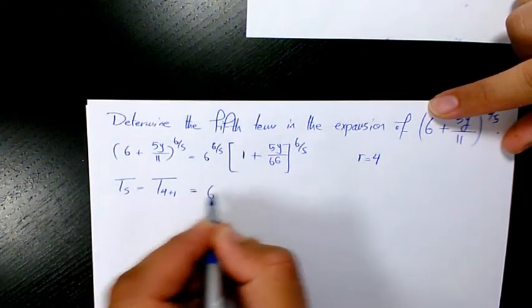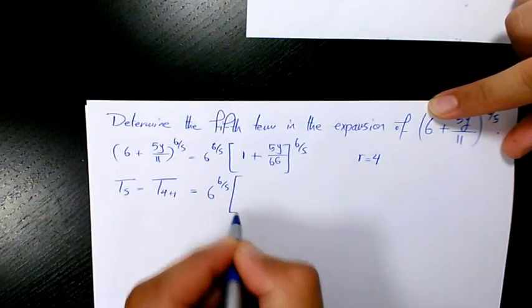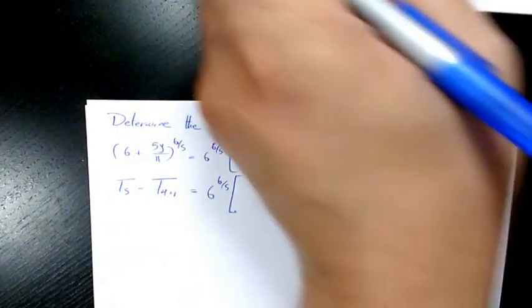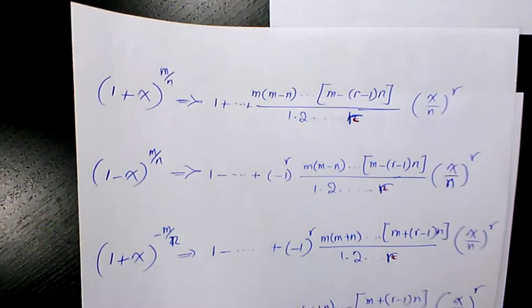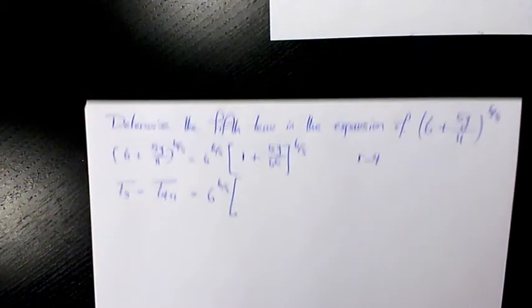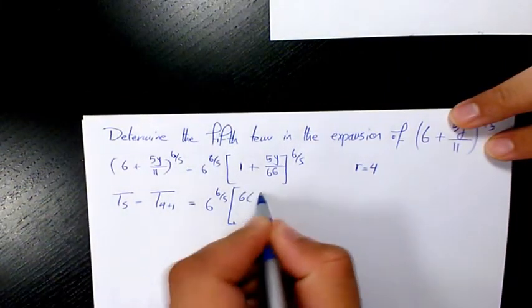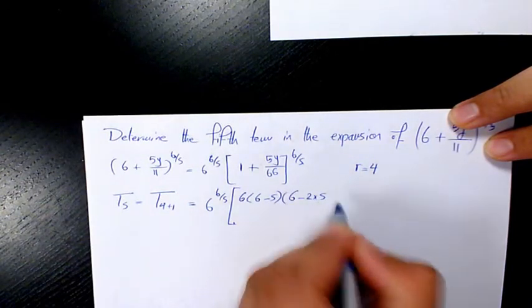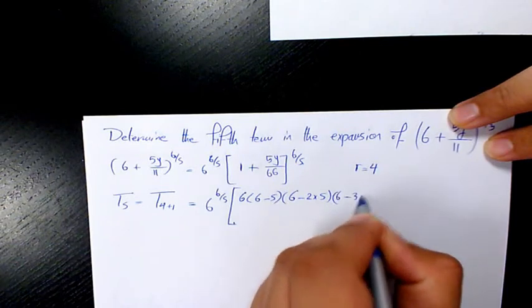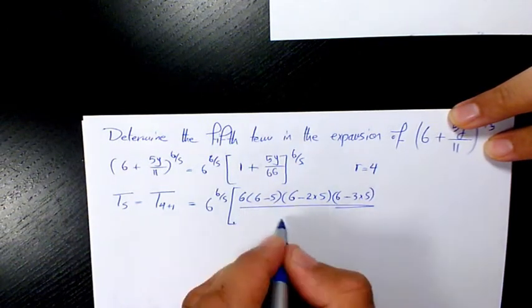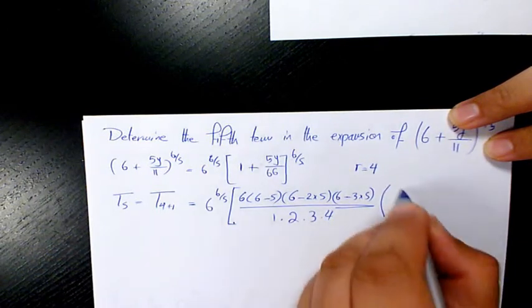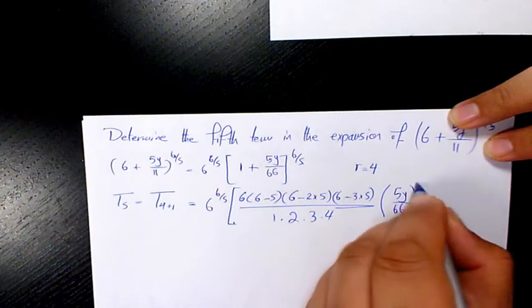It's going to be 6 to the power of 6 over 5 times, based on this formula, which is the first one, 6 times 6 minus 5, 6 minus 2 times 5, 6 minus 3 times 5, over 1 times 2 times 3 times 4, 5y over 66 to the power of 4.